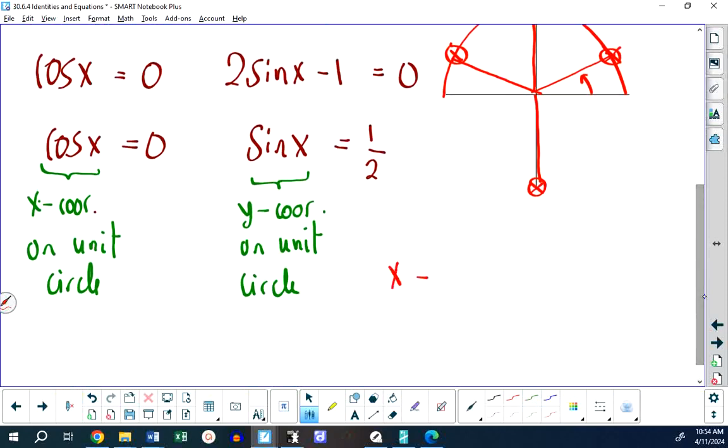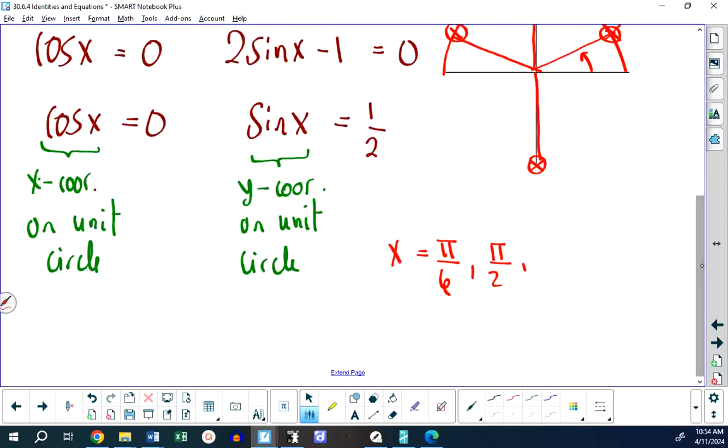So x is equal to pi over 6, 5 pi over 6. Well, I'll put them in order. Pi over 6, pi over 2. Just make sure I'm writing that down right. Yep, 5 pi over 6 and 3 pi over 2.